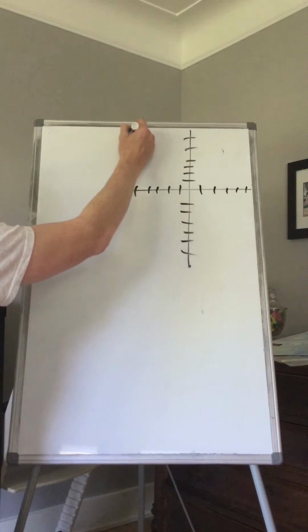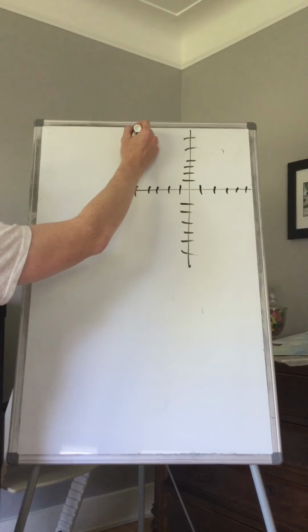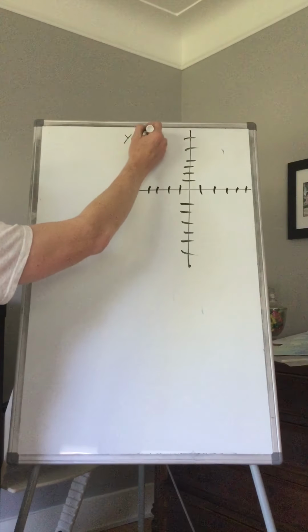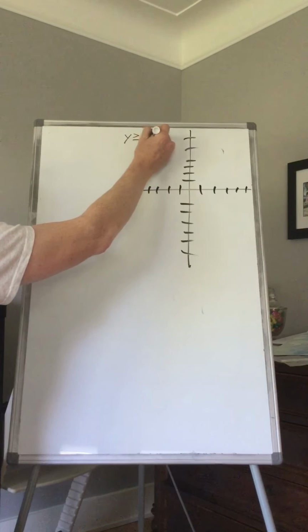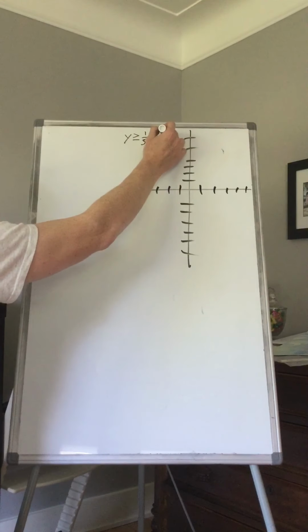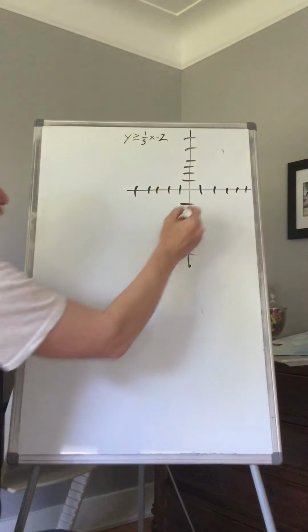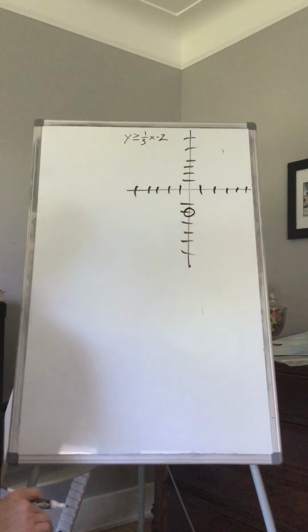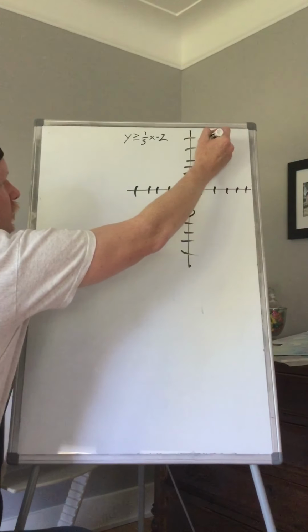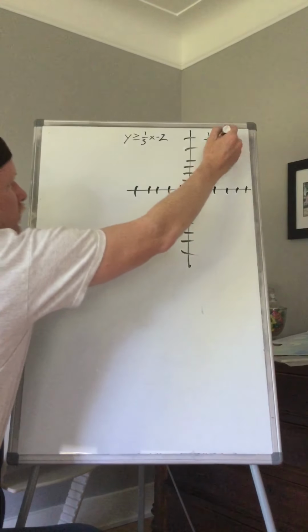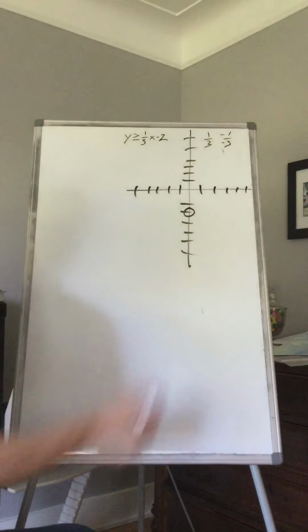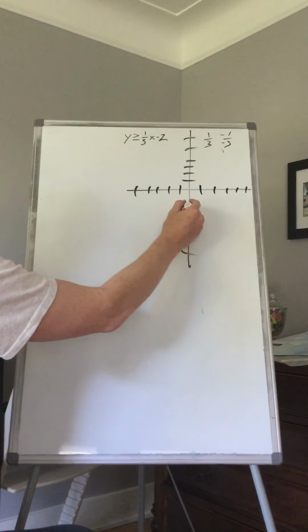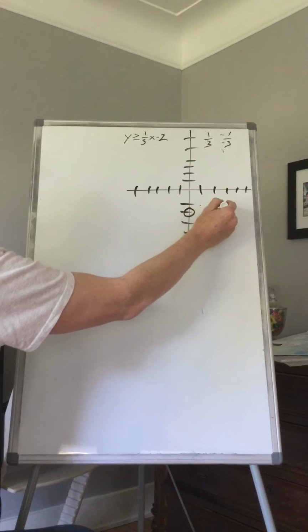Let's say y is greater than or equal to 1/3 x minus 2. Okay, negative 2 is my y-intercept. My slope is 1/3 or negative 1 over negative 3. So I go up 1 over 3, 1, 2, 3.